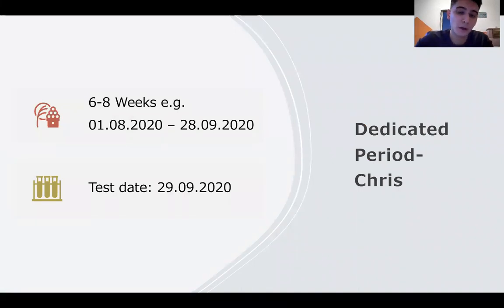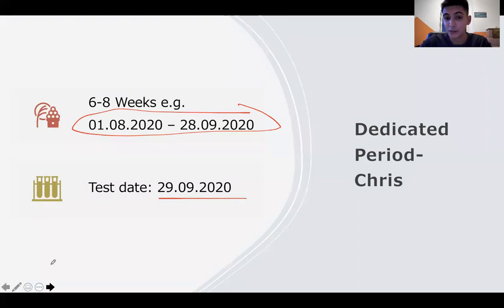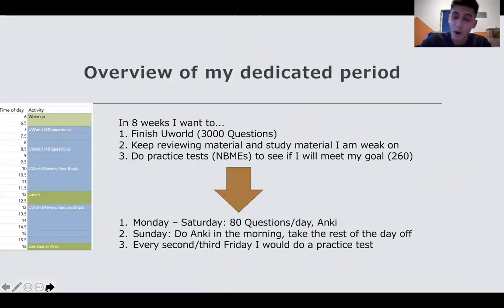You will review a lot, but you should have a strong foundation. I would generally recommend 6 to 8 weeks, and I took 8 weeks for my preparation, and I had the test date at the end of September. So I set a date, and then I studied towards it, and I told myself that I have to be finished at that point. So how did my schedule look like?